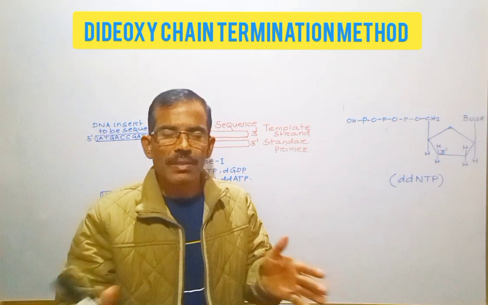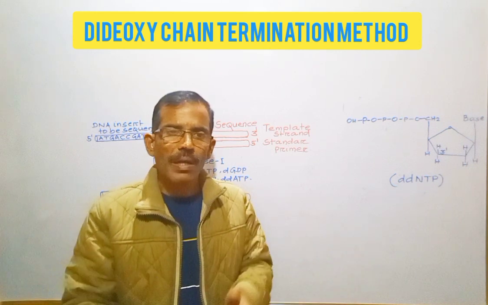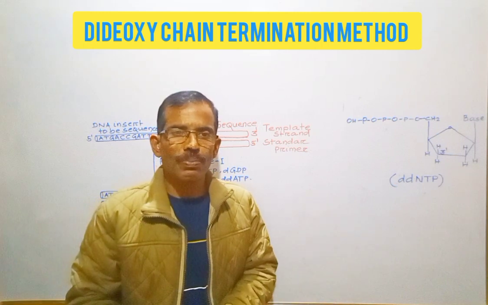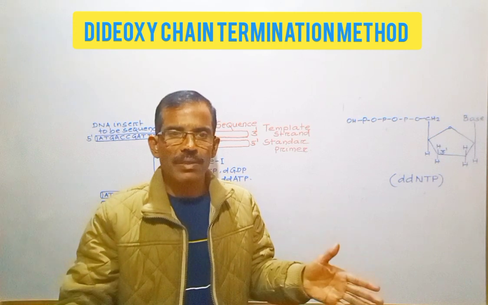As a result, the replication process is interrupted. So by using different types of dideoxynucleoside triphosphate, we can get a nested set of DNA fragments.